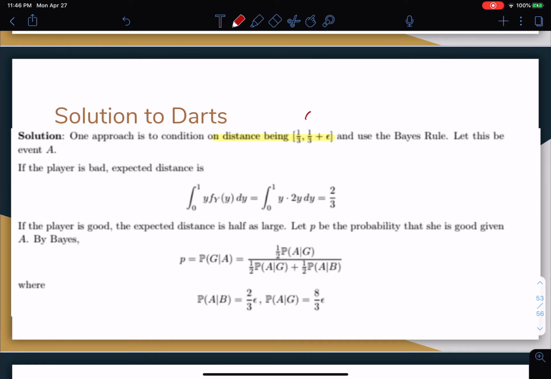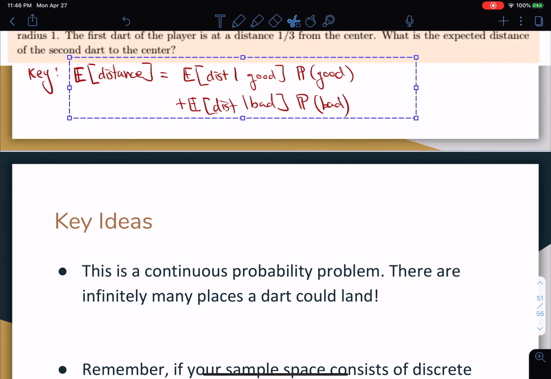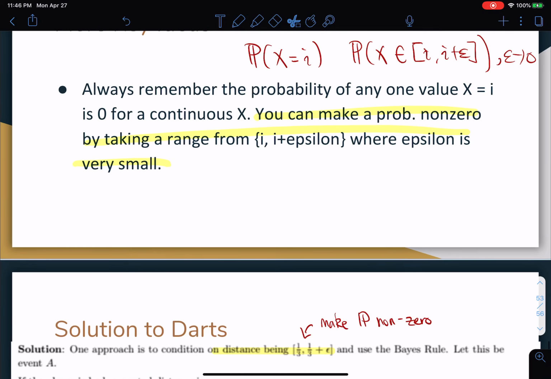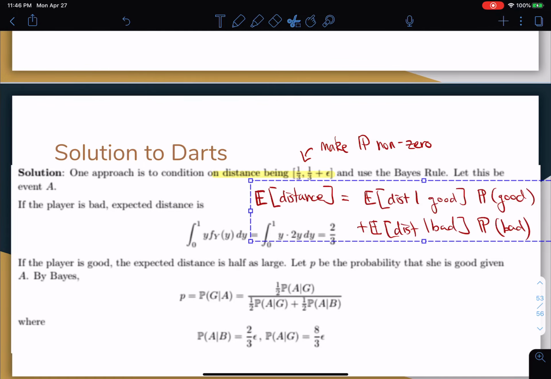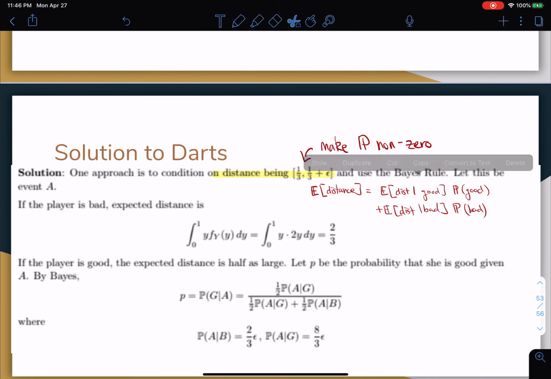Again, why? To make the probability non-zero, and then use Bayes rule. I'm going to copy my statement here. The Bayes rule is going to be exactly this. Okay, that's our Bayes rule.